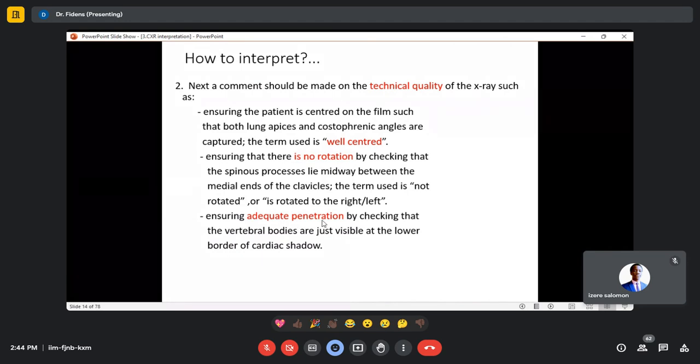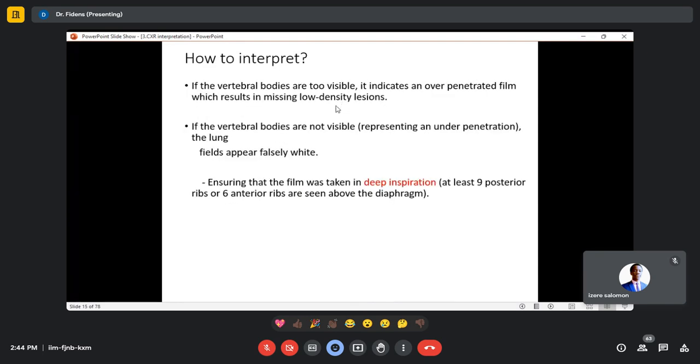We know when it is adequate penetration or over penetration or under penetration and the effect we can have on the film. When the vertebral bodies are too visible, it indicates an over-penetrated film, which results in missing low-density lesions. And when the vertebral bodies are not visible, it is under-penetration, and the lung fields appear falsely white. You have seen even the images.